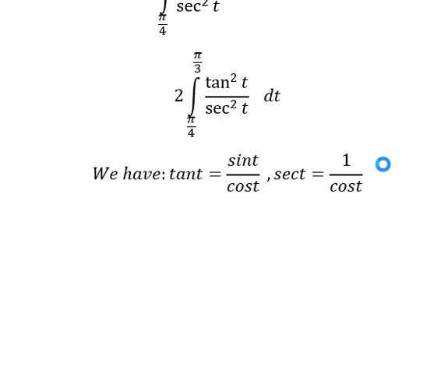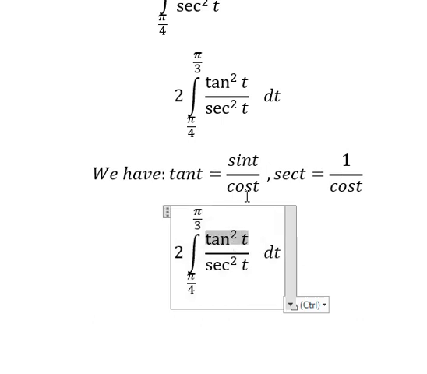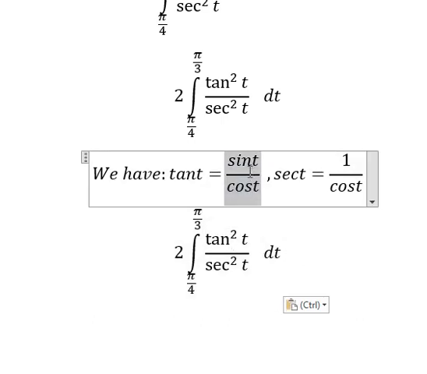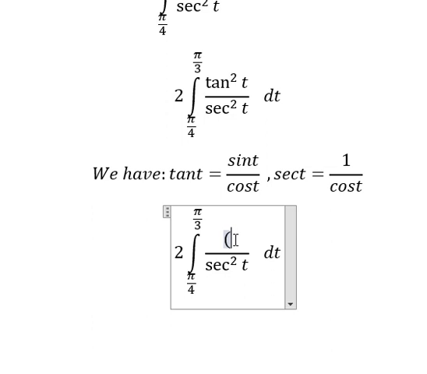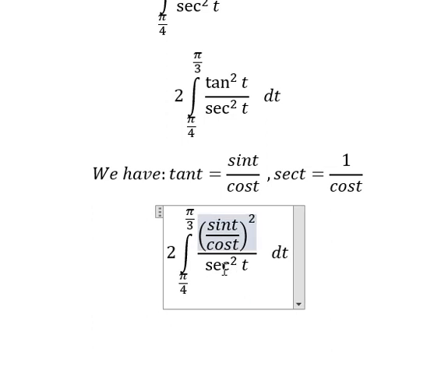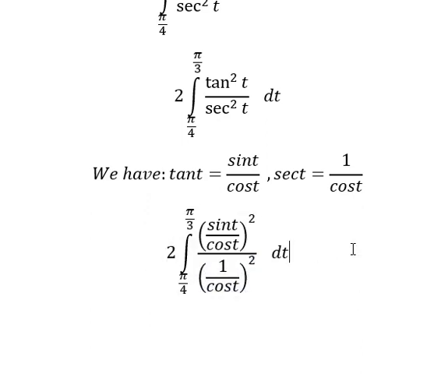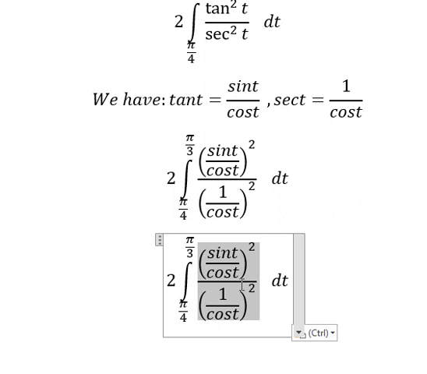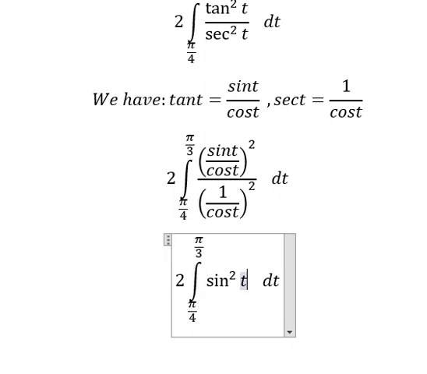So this one, we change for this one. And this one, we change for this one. And now we simplify and you got sine t square. So we have the formula in here.